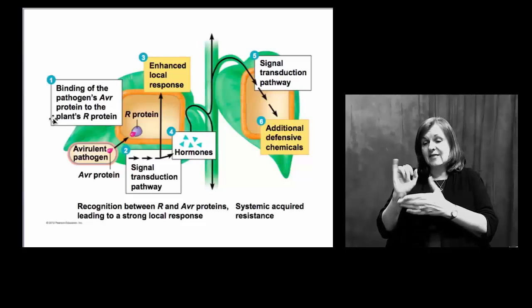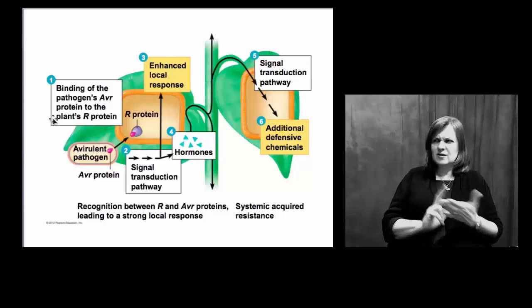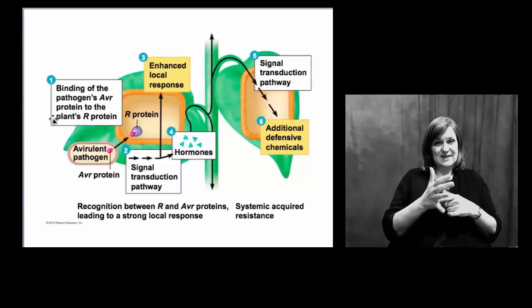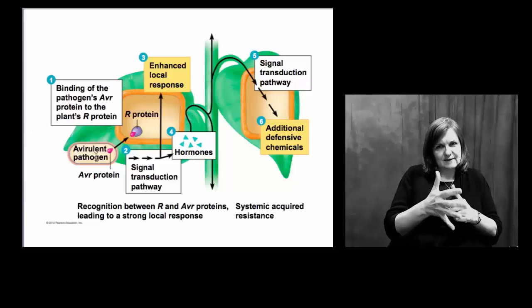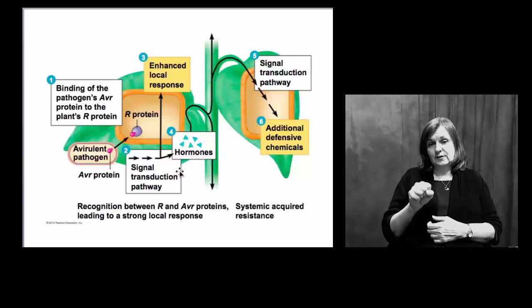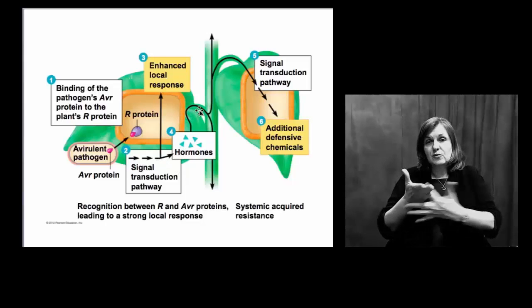That protein actually signals within the plant that it's infected. Okay, so the plant knows it has an infection. That particular leaf, it's gone. It's done for. Okay, but what we can do in the plant is it will produce hormones in response to that infection that travel throughout the plant.